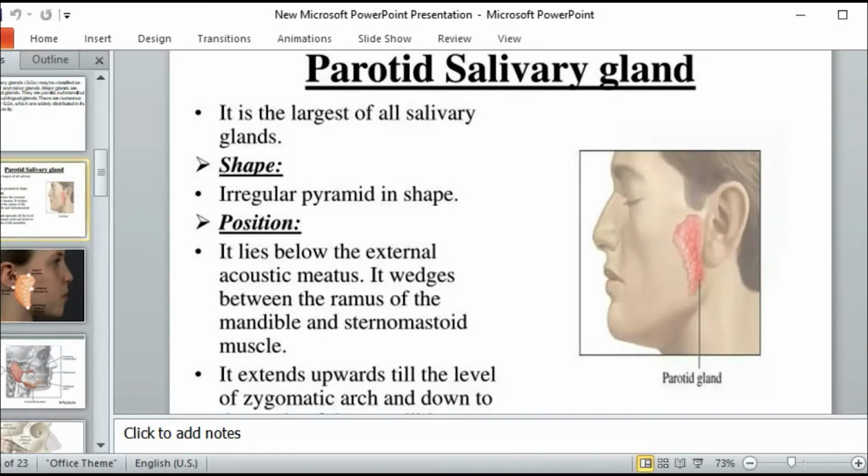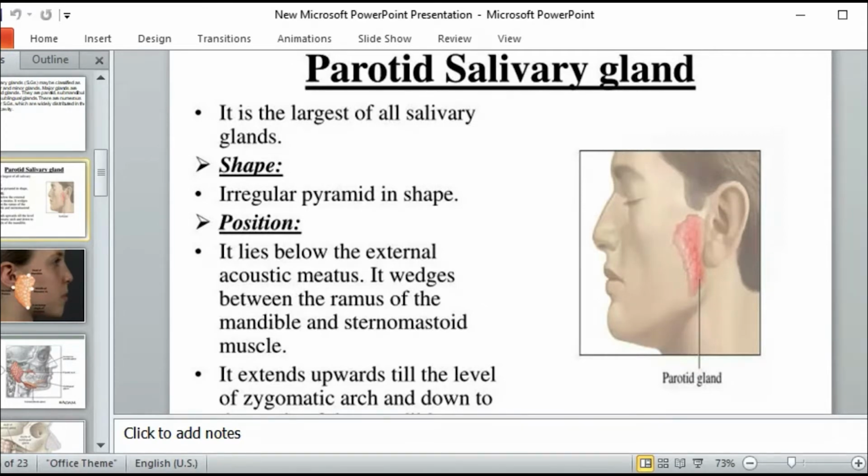As I said, we have the parotid, sublingual, and submandibular, but the largest of the three is the parotid. Parotid means the gland located around the ears.